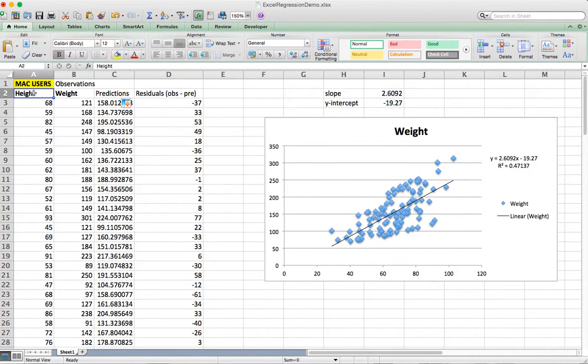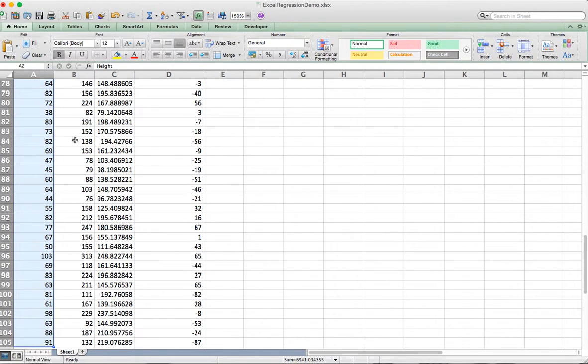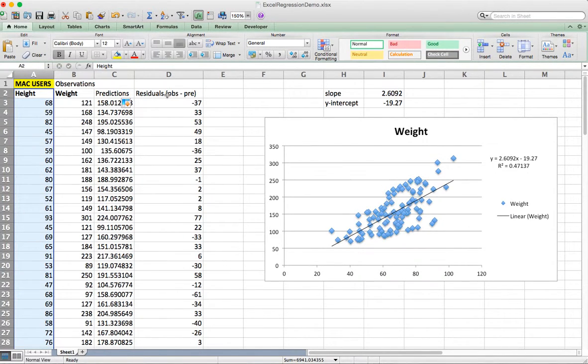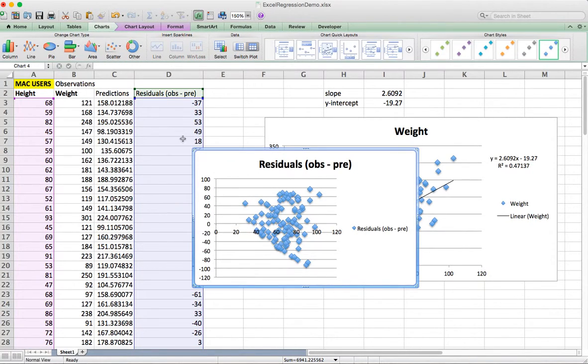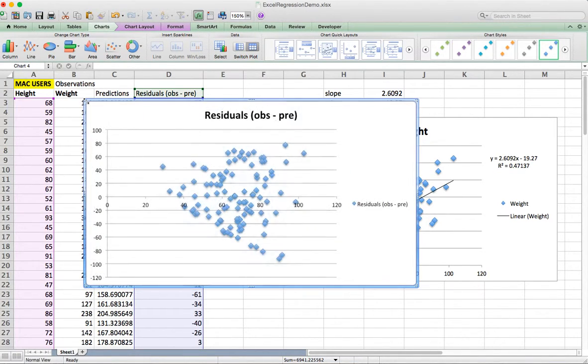And now I can make a scatter plot for heights, for the x values versus the residuals. And on the Mac, that's charts, scatter plot, make the scatter plot. And what you should see in the residual plot here is a cloud of data.